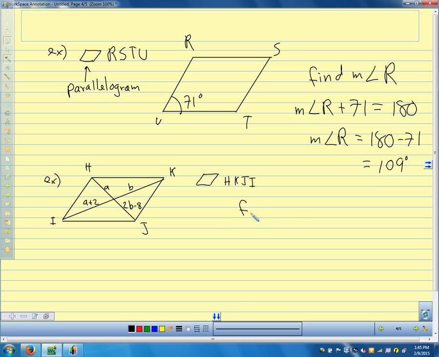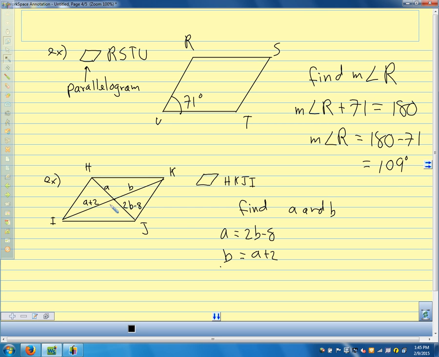So if the problem asks us to find A and B, we know that A equals 2B minus 8. This point is right in the middle, so these two pieces are the same. And we know that B equals A plus 2. These two have to be the same, since this is a parallelogram. What do we do here to find A and B?